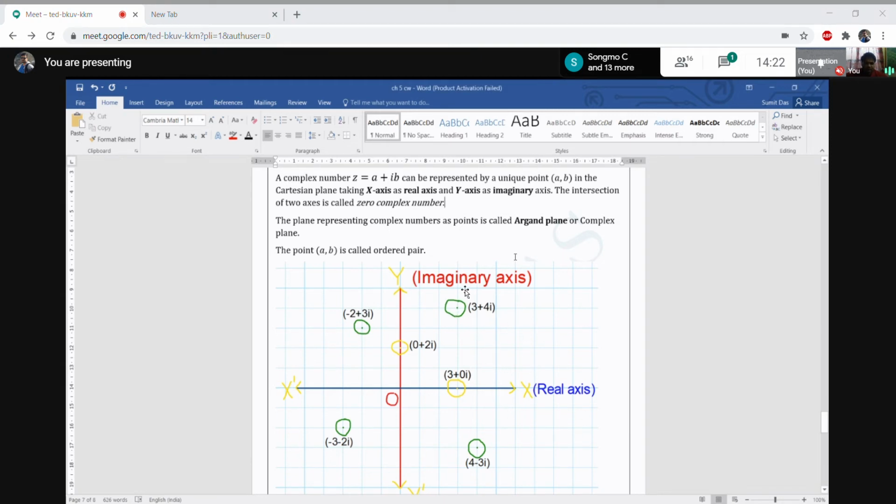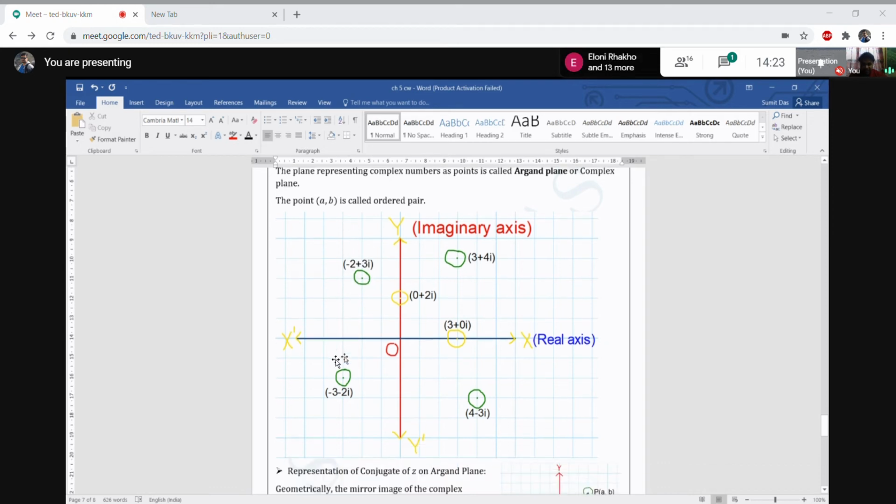So we know how to plot (3, 4). Similarly, look, minus 2 plus 3i. Here the real part is minus 2 and the imaginary part is 3. So minus 2 means 1, 2 towards the negative real axis, that is the x-axis, and plus 1, 2, 3 on the imaginary axis. So this is minus 2 plus 3i.